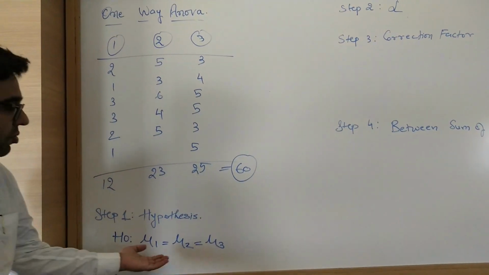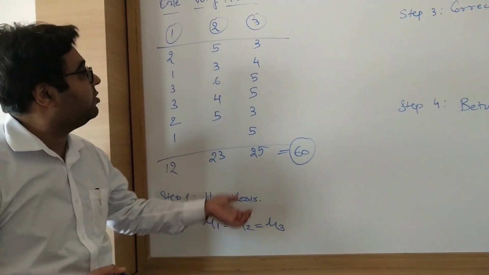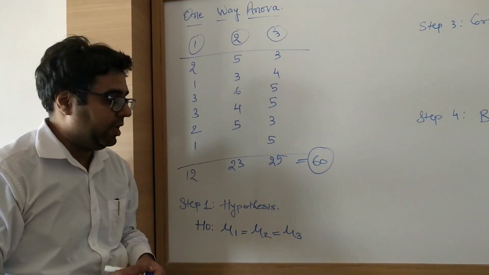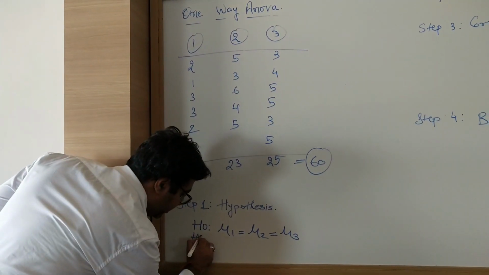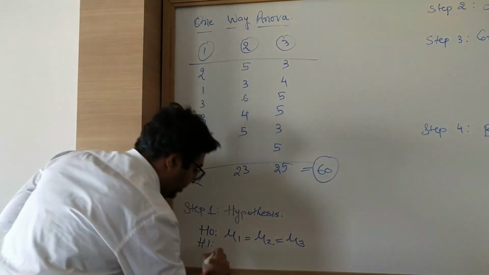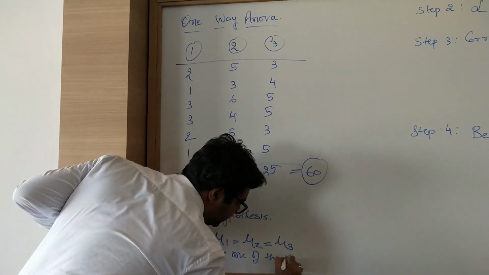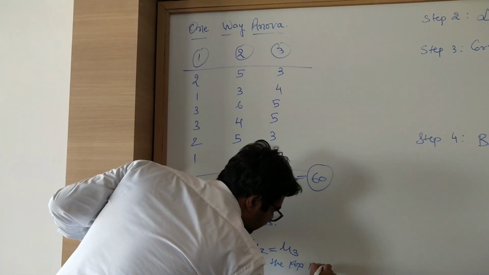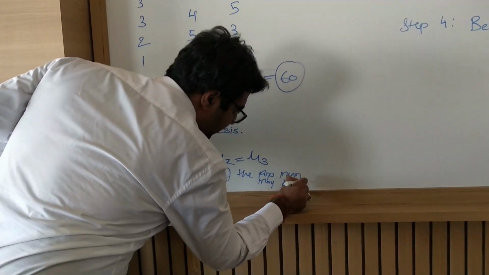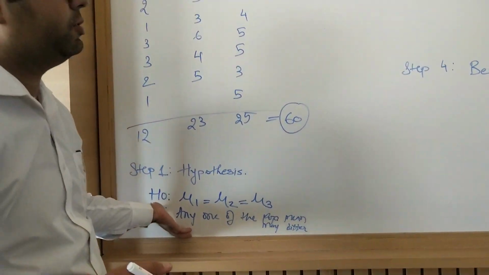We basically assume that the population mean of group 1 is equal to the population mean of group 2, which is equal to the population mean of group 3. Now our alternate hypothesis would be that any one of the population means may differ.